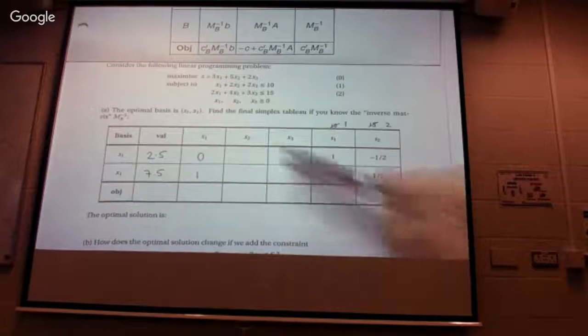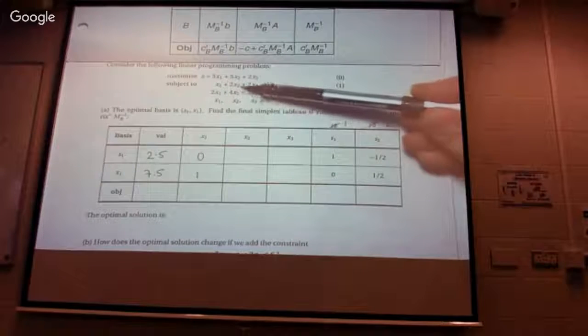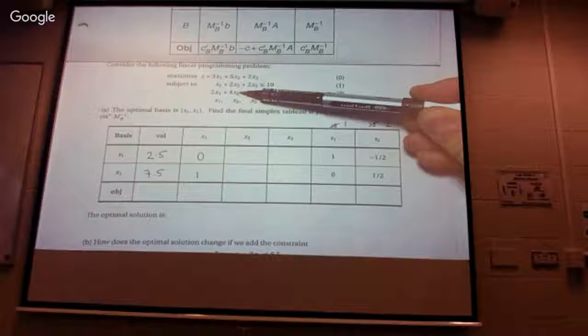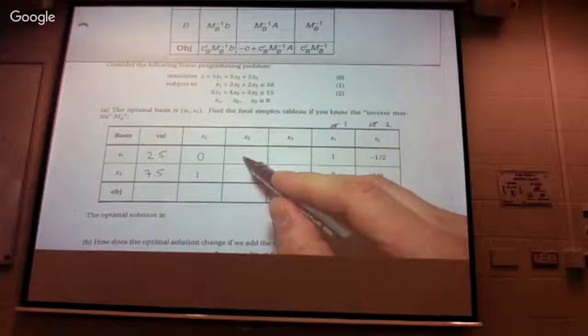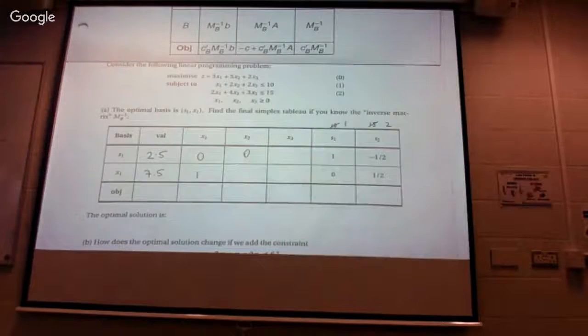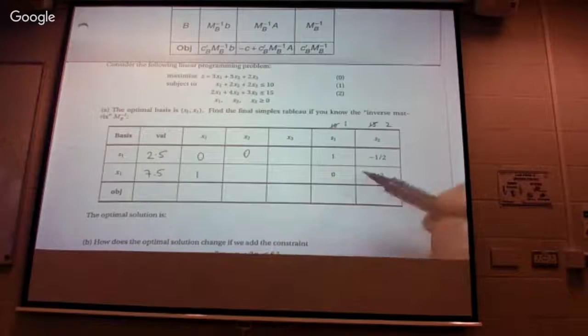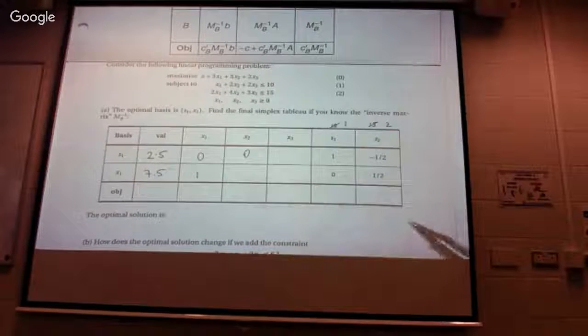Okay, x2, what are the coefficients? So what do you get? 0 and 2.